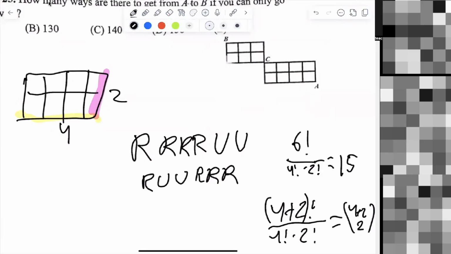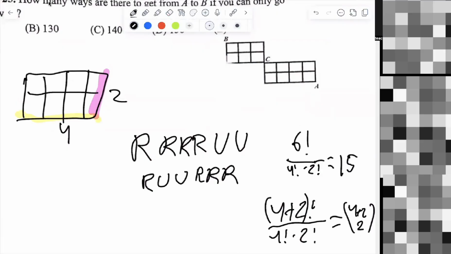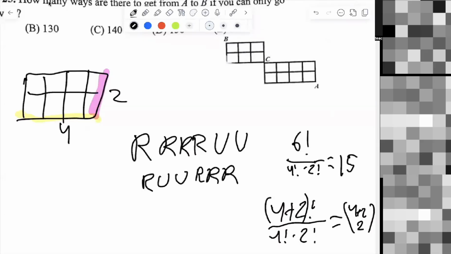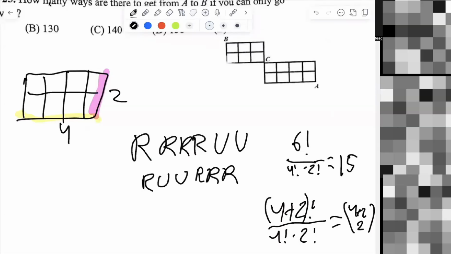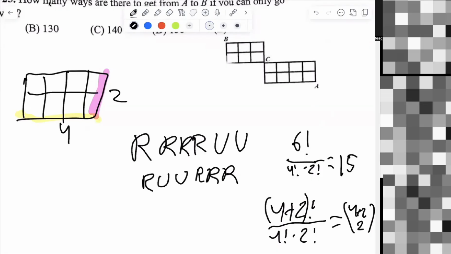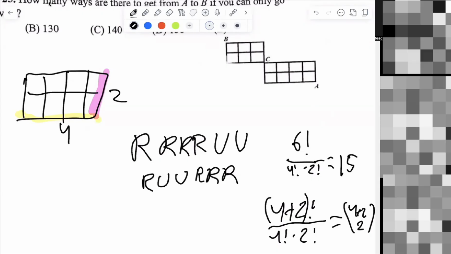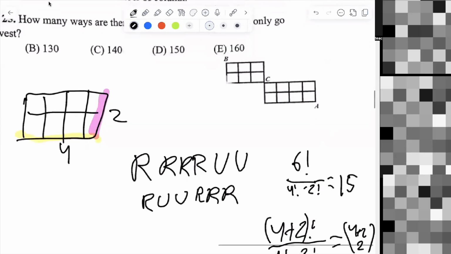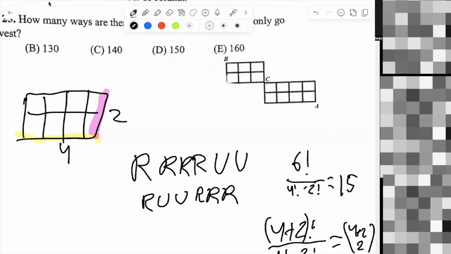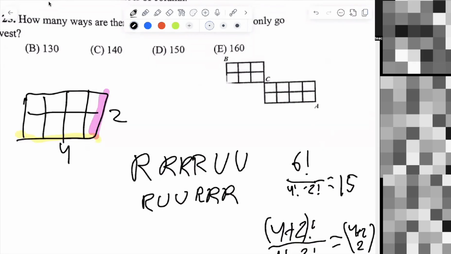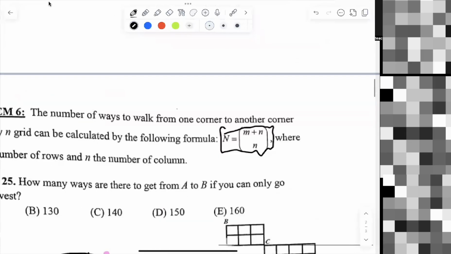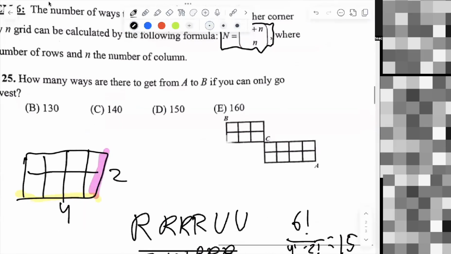This works for every possible grid path count for the other ones. Like we can have 120 for the right and 230 for the ups, or we can reverse it as 230 down and 120 to the left. No matter what the direction is, it's still going to be the width plus the length, choose the length or the width. So that's how you get the formula we have, m plus n choose n.